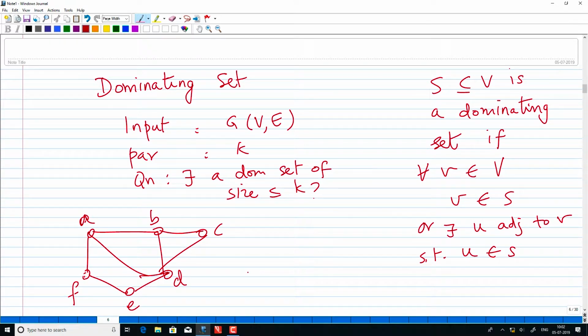So, what would be a dominating set for this graph? Let us say I pick A, and maybe C. Do A and C dominate everybody? Okay. What is not? E is not dominated, right? Everybody else is dominated. So, let me pick E also.